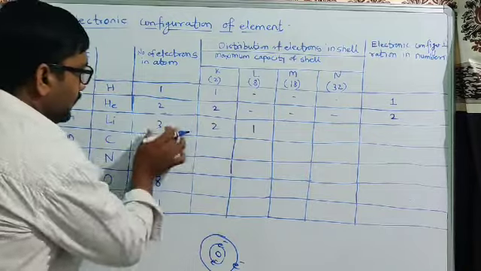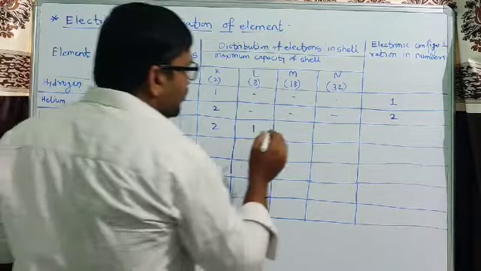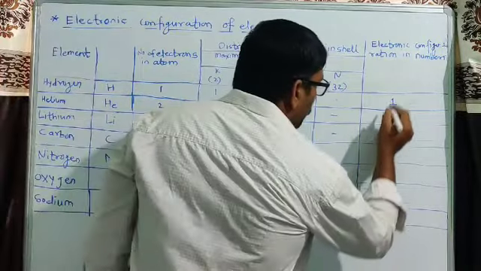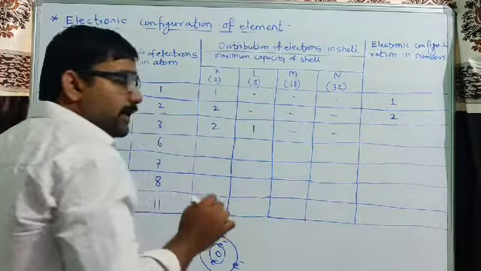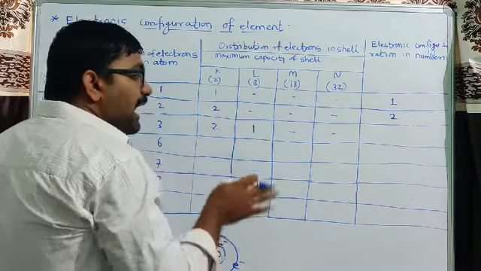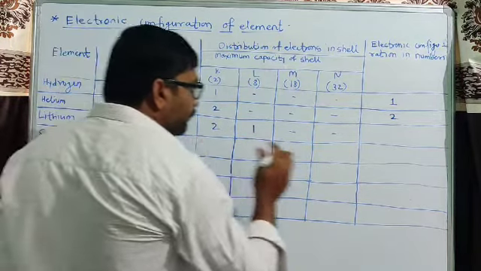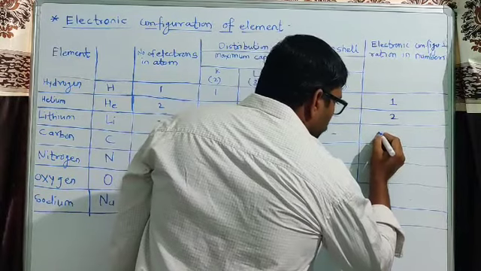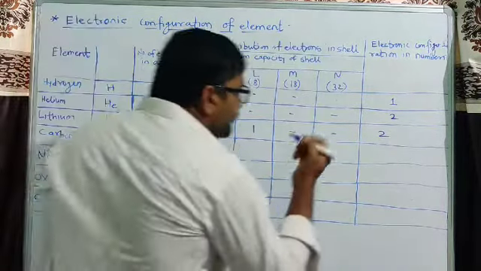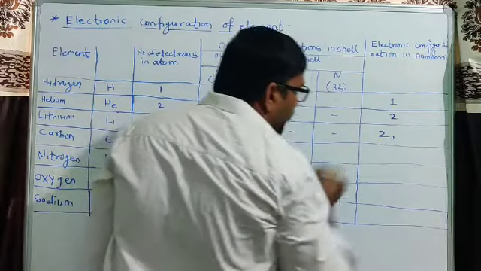So this distribution is complete. There is nothing else here. Now we have to write the distribution in numbers, that means we write the numbers shell-wise. First we write the K shell: how many electrons are in the K shell? 2. Then we put a comma here.